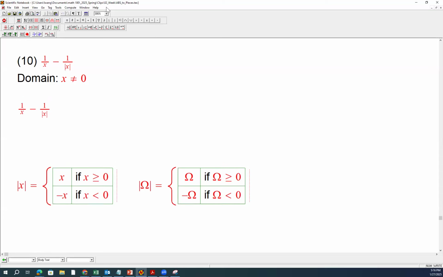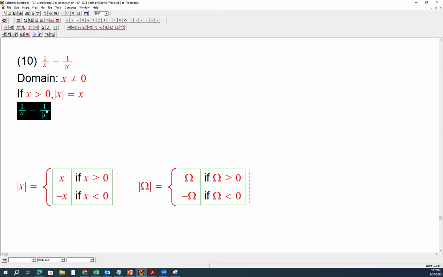If x is positive, the absolute value of x is the same as x.